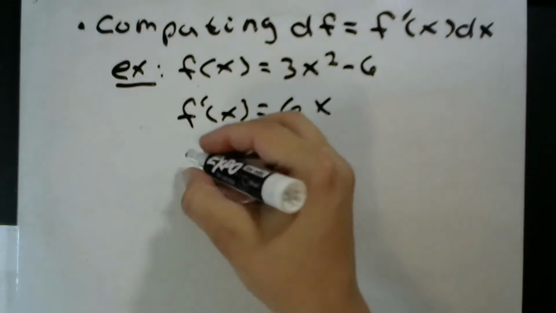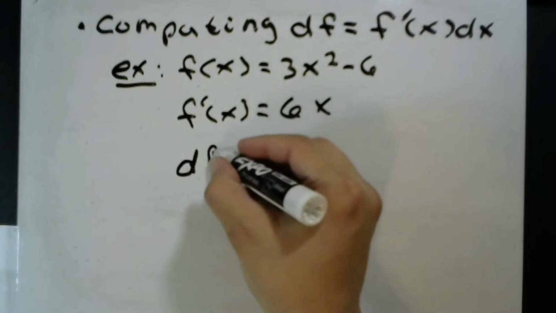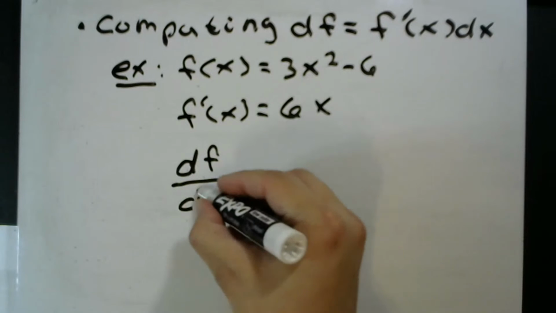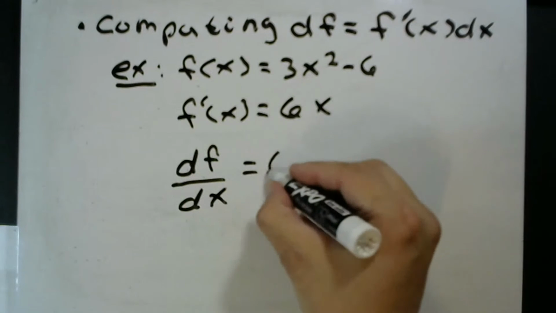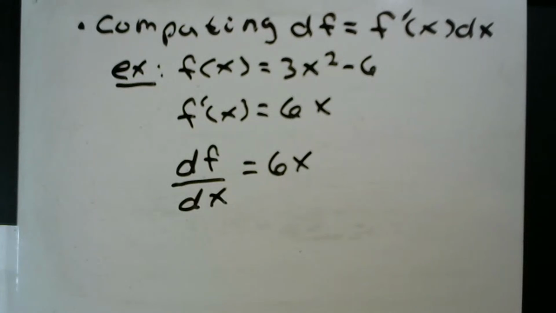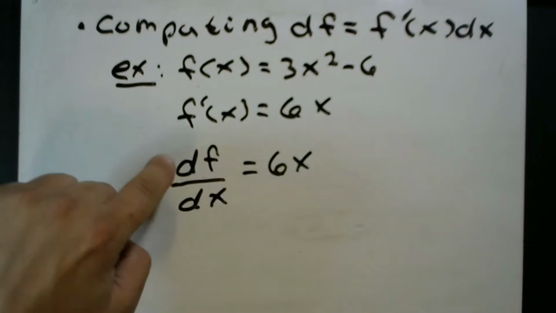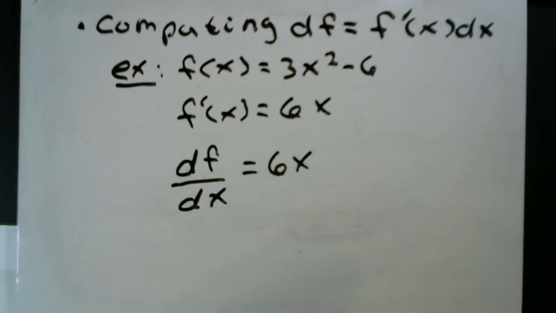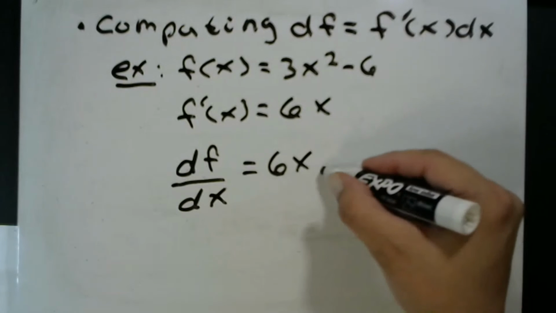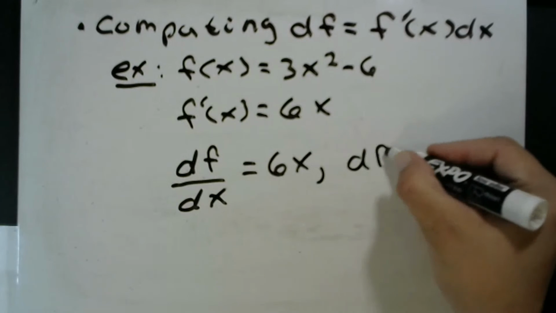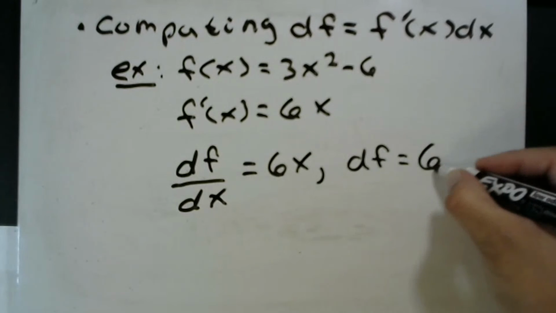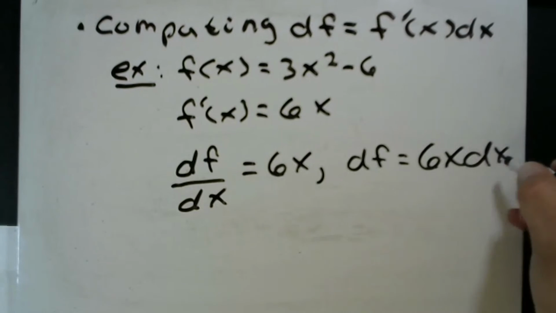So we can rewrite this as df dx is equal to 6x. And the way you can think about this is multiply both sides by dx. When you do that, you get df is 6x dx.